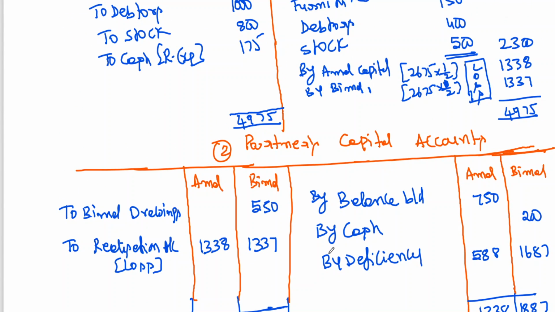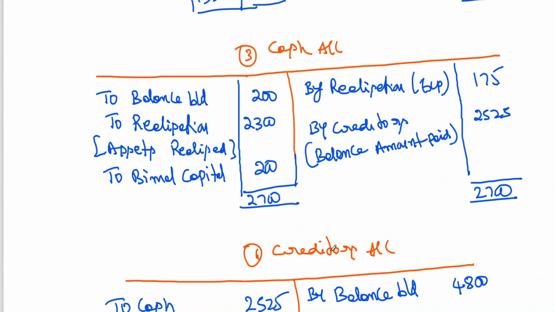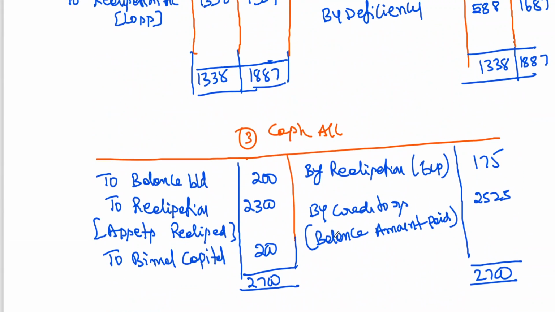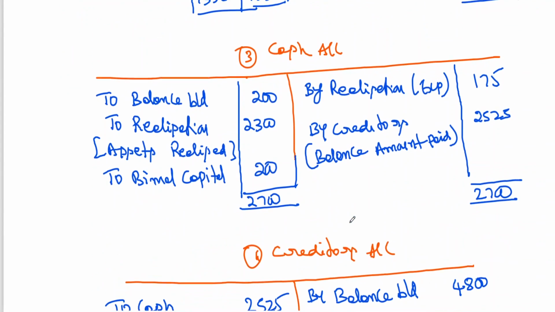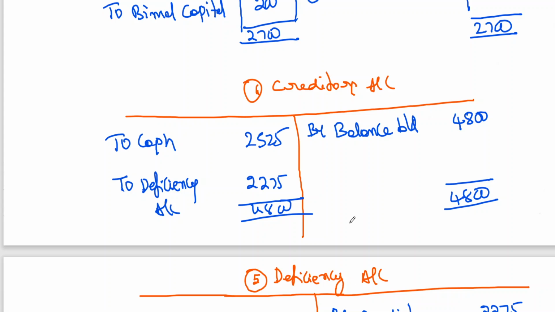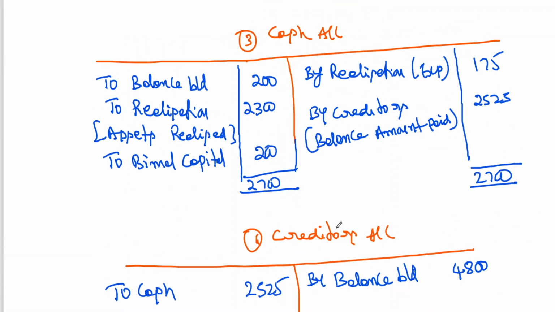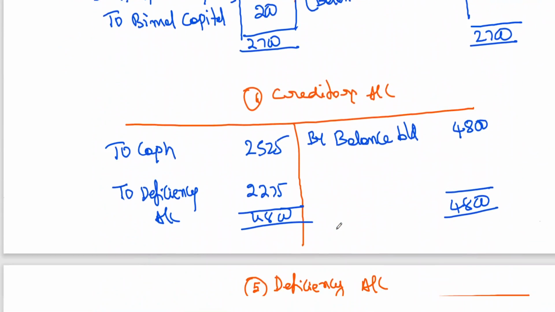Deficiency account debit to partners capital account. In deficiency account, I'll be writing to Amal capital 588, to Bimal capital 1687. Clear to all of you?